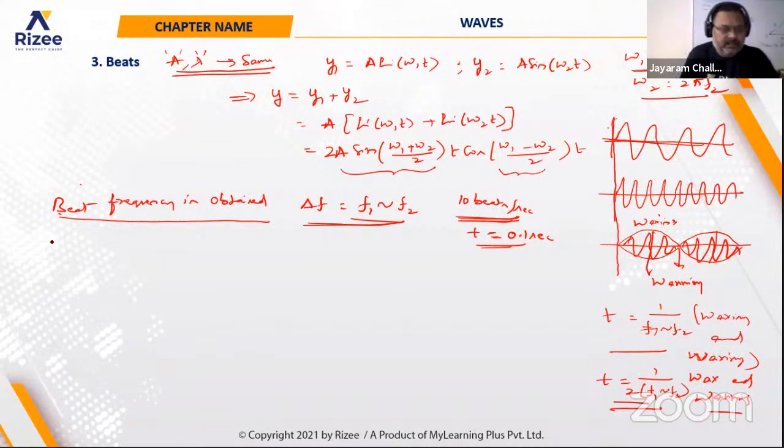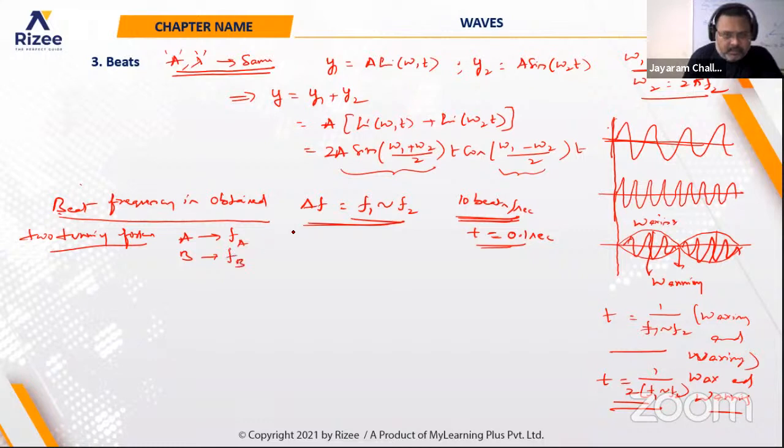Okay, for example, there are two tuning forks. One is A, and the frequency of A is FA. Another is B, and the frequency of B is FB.